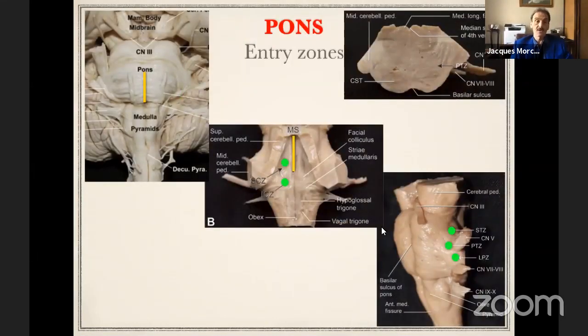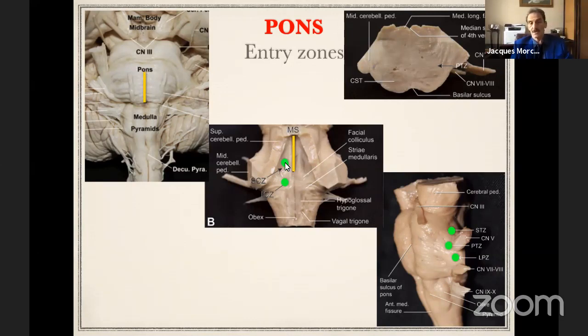The pons, I would not do that one. That's why I put it in orange. You could consider doing it theoretically and very rarely through an endonasal transclival approach, but that would not be a very safe or very useful approach, since of course you've got the basilar artery right there.